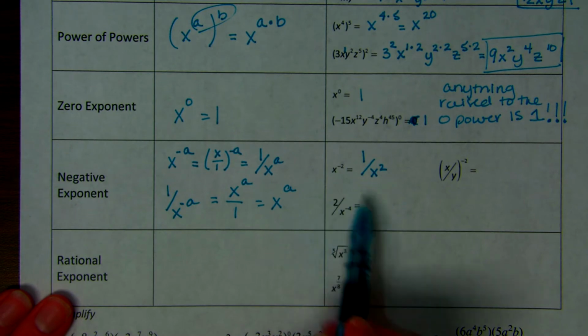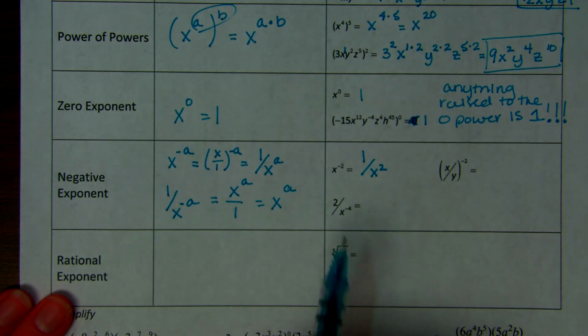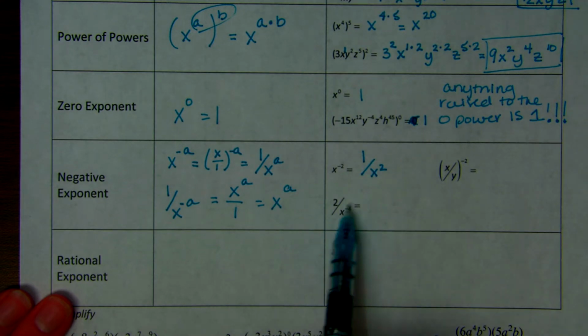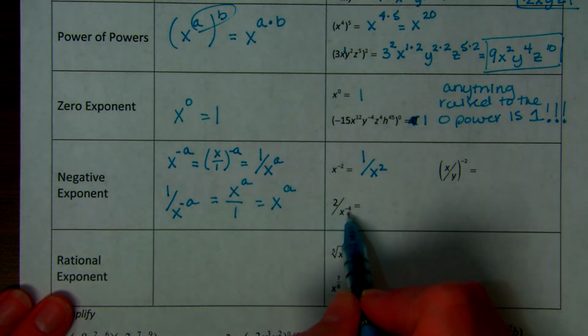I'm looking at this one right here, guys. It's 2 over x to the negative 4. Remember that exponents only apply to the term that is immediately to their left. What is immediately to the left of the negative 4? The x. Not the 2, the x, right? And so that negative 4 only applies to the x. So what happens to the 2? It just chills where it is, right?